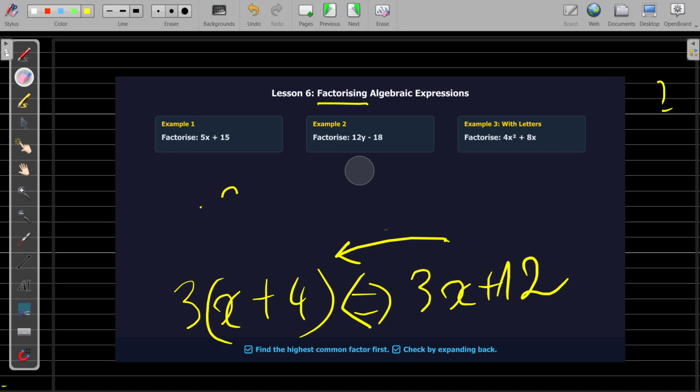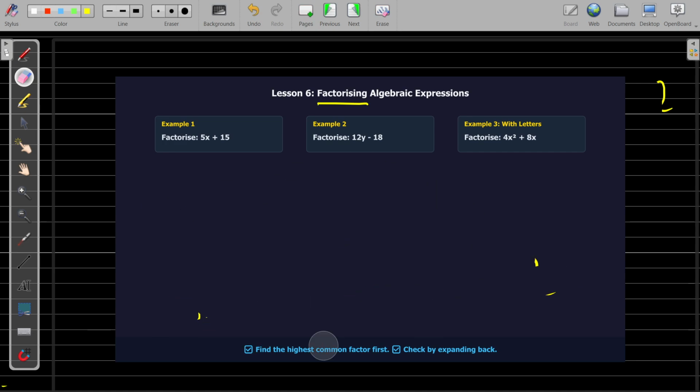So let's get into our first example, because that is how you learn all of these concepts. Now we're going to factorize 5x plus 15. The first step is to find the highest common factor, which we're going to name HCF. This number will unlock everything. We need to find the biggest number that divides perfectly into 5 and 15.